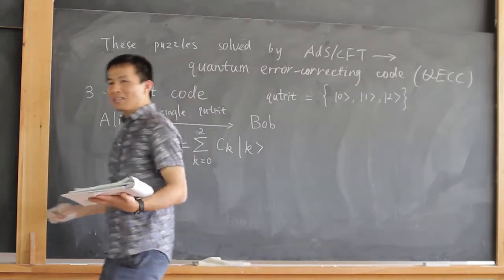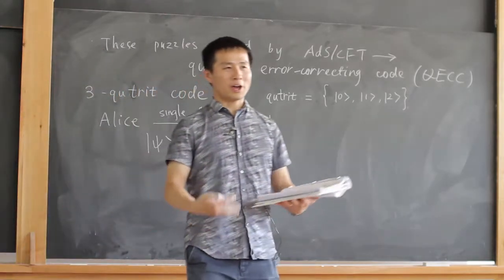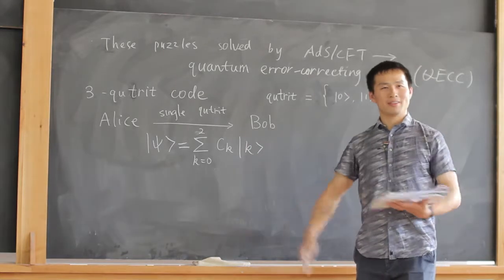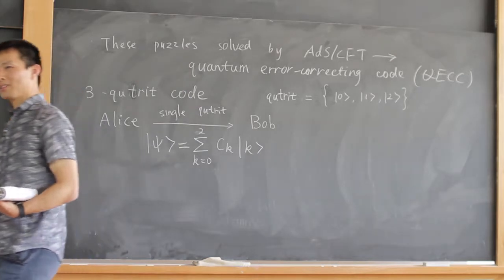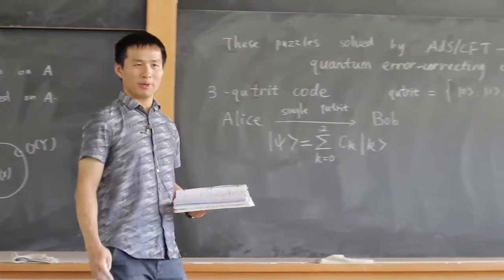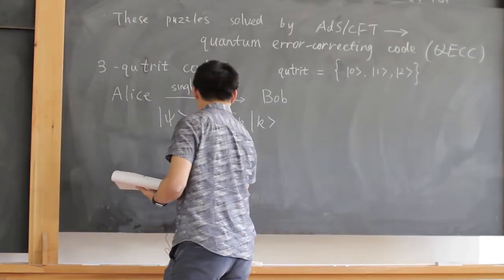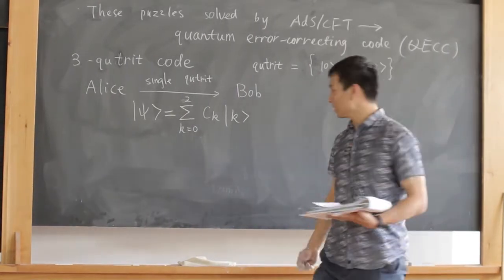If the world is classical, then things would be very simple. Alice would try to make many, many copies of the same state and send them over. As long as a majority of them gets to Bob correctly, then Bob will be able to figure out what it is. But we're in a quantum world, and we have a no-cloning theorem that prevents us from doing this.